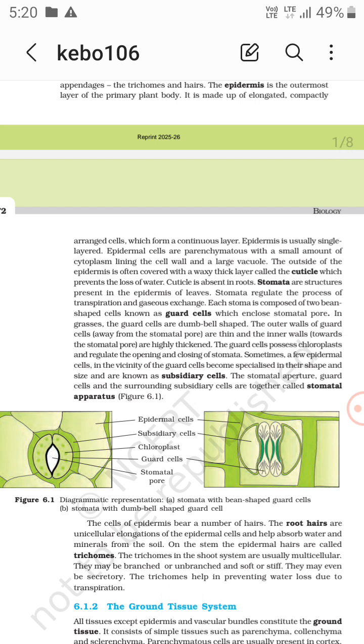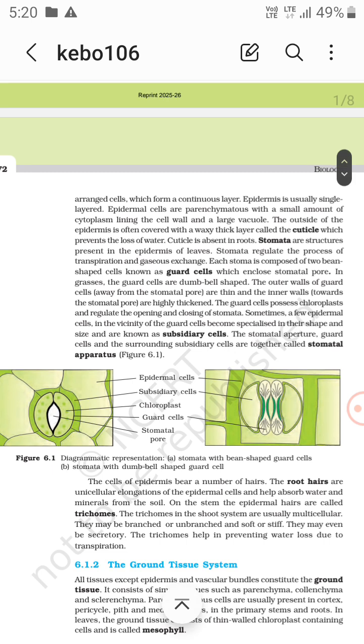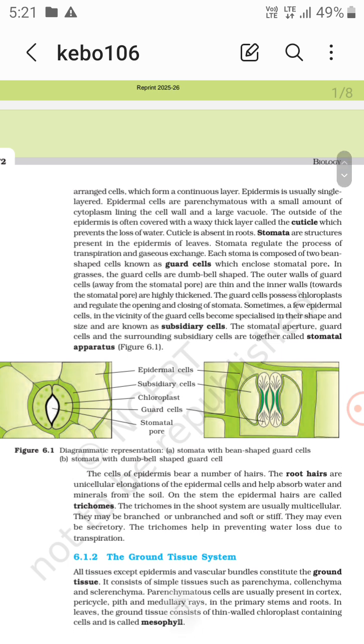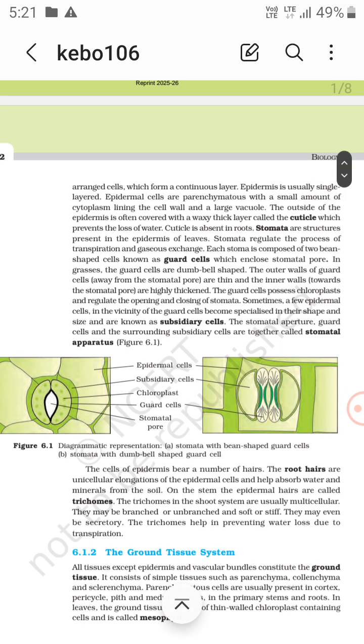It's single layered, with parenchymatous cells with a small amount of cytoplasm lining the cell wall and a large vacuole, right? Now there is a cuticle outside of it, which is a waxy thick layer, and this prevents the loss of water. Cuticle is absent in roots.